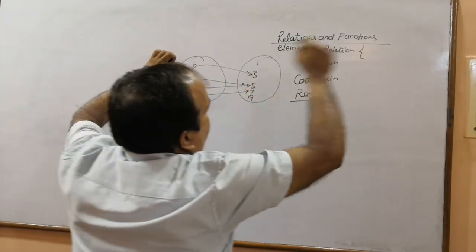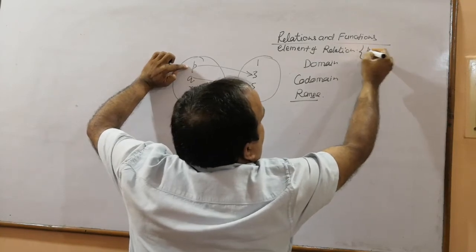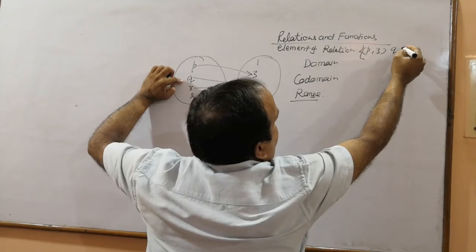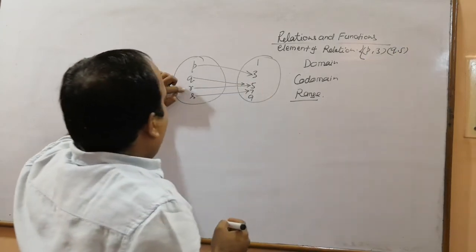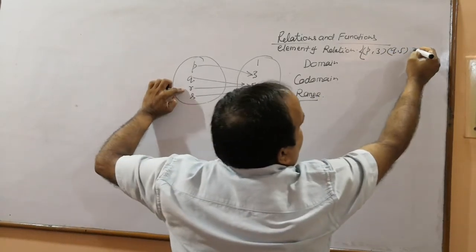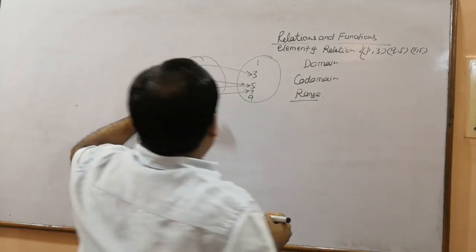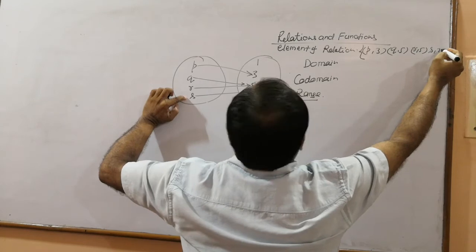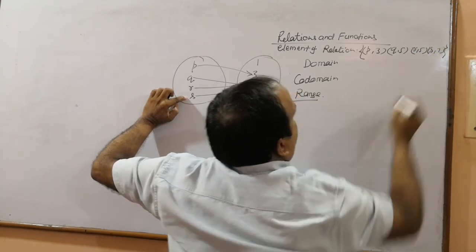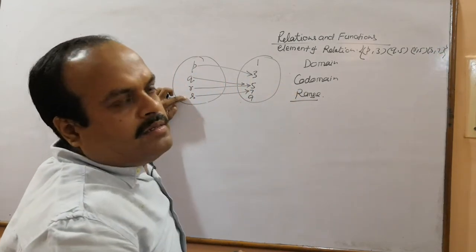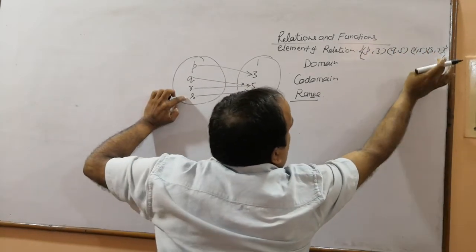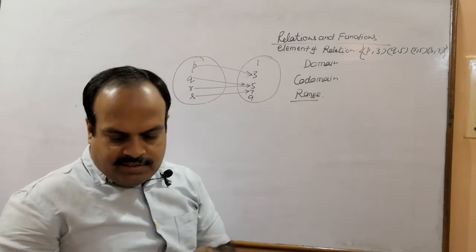P, 3, Q, 5, R, 5, S, 7. One, two, three, four. 4 ordered pairs.